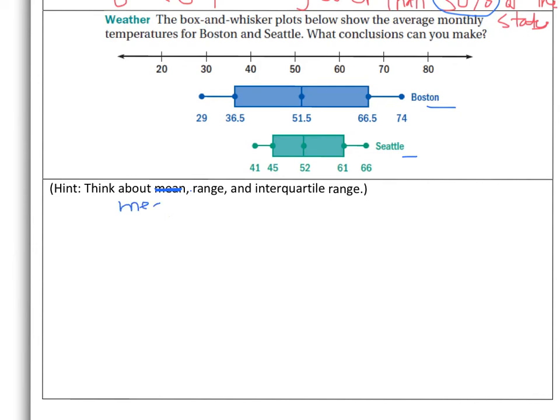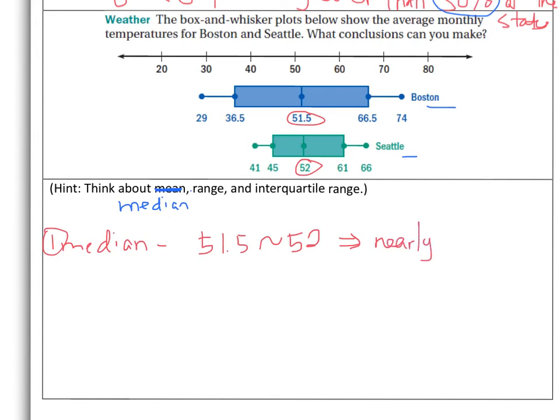The median, range, and interquartile range. And if we look at the median, you can see that 51.5 and 52, they're about the same. So you can conclude nearly identical temperatures.